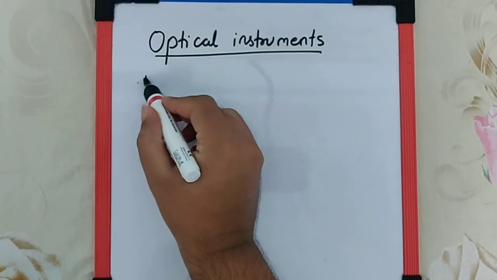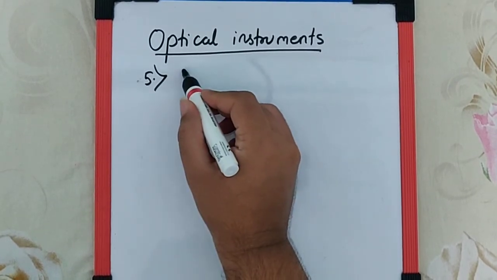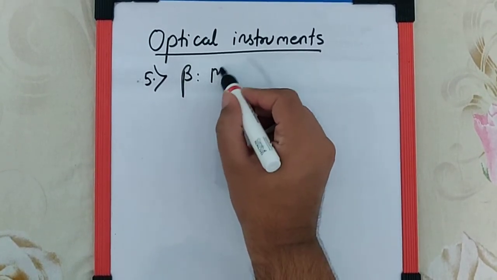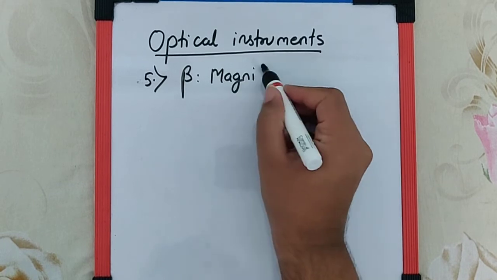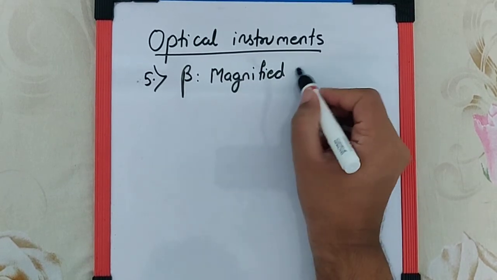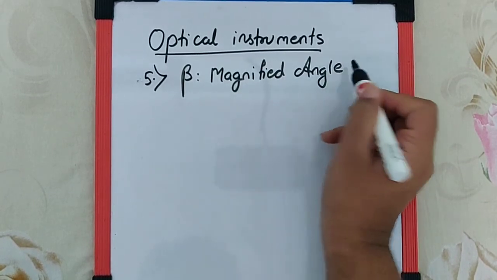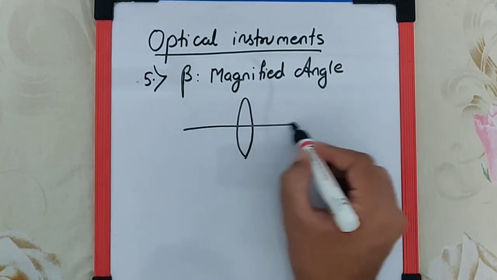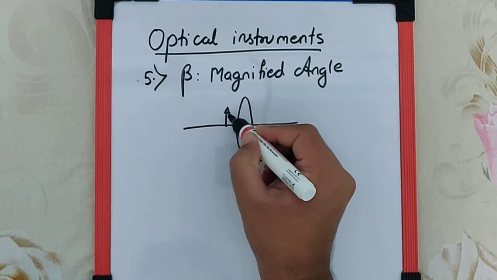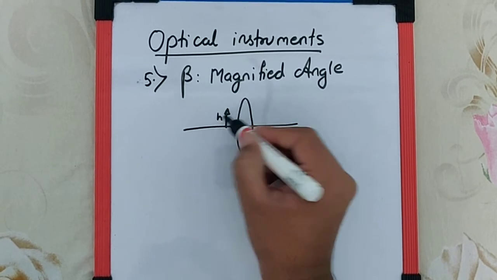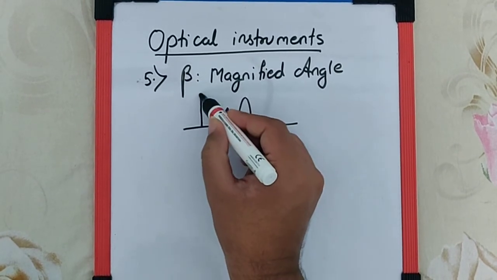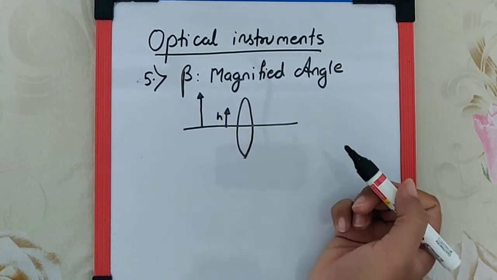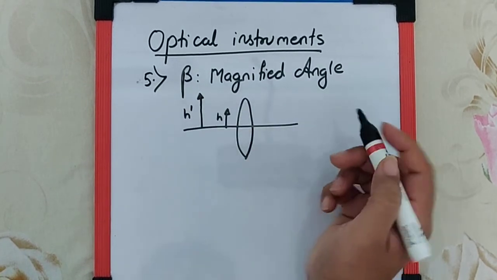The next term is beta, which is called magnified angle. Now let's say if a lens is kept such that the object which is originally of height h starts to appear of a magnified height, let's say h dash.